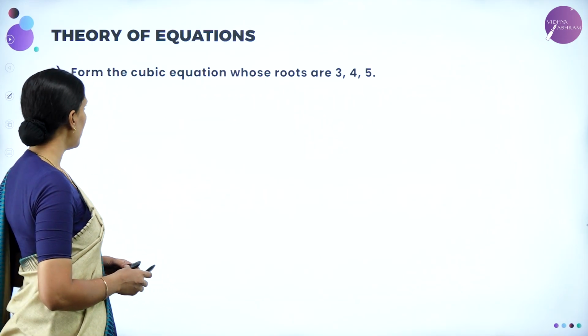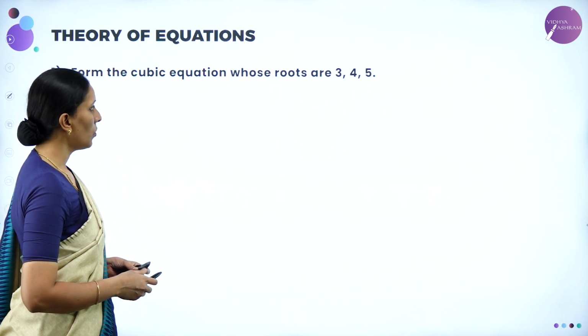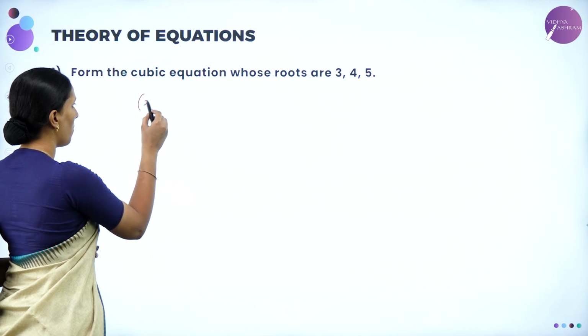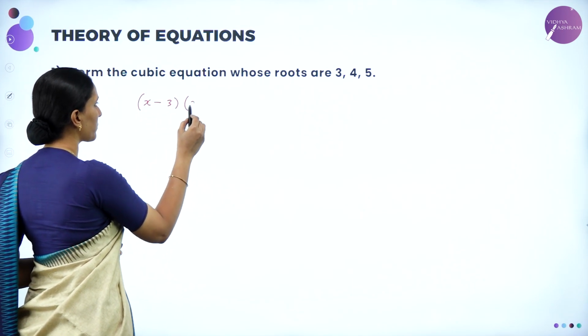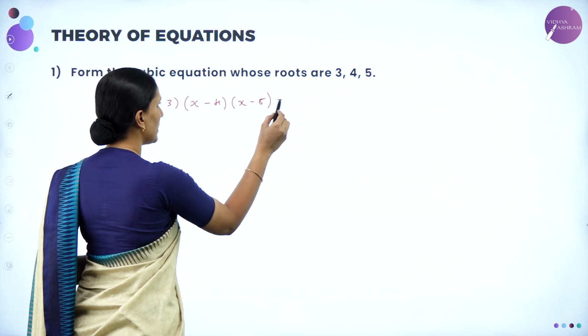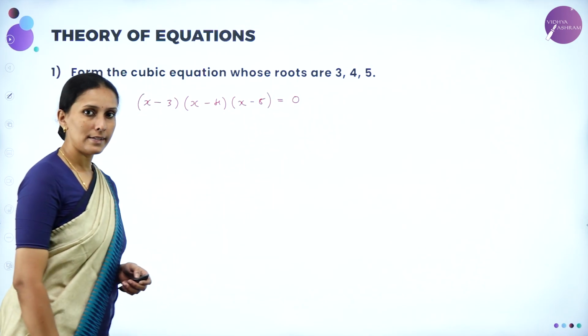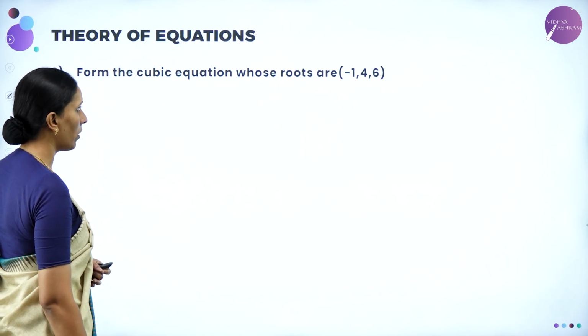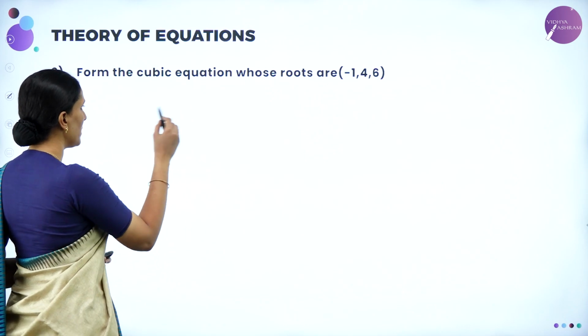Let's take an example. Form the cubic equation whose roots are 3, 4, 5. So we can write this in the form of x minus 3, x minus 4, x minus 5 is equal to 0. Let's take one more example. Form the cubic equation whose roots are minus 1, 4, 6.